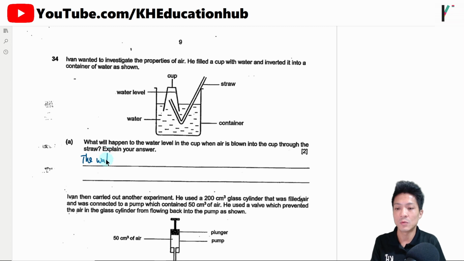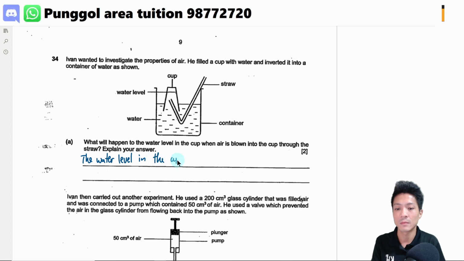Okay, so the water level in the cup will decrease.